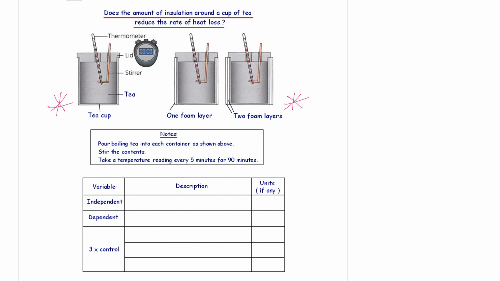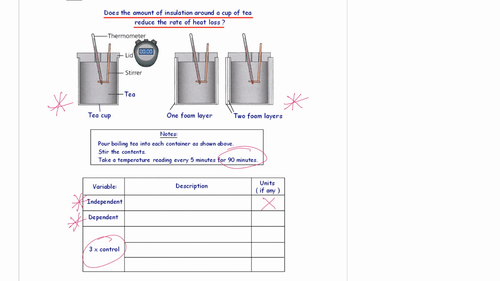So the independent variable here is the number of layers of foam insulation. It does not have any units. The dependent variable here will be the temperature of the tea over whatever the time period is, and it's over 90 minutes.